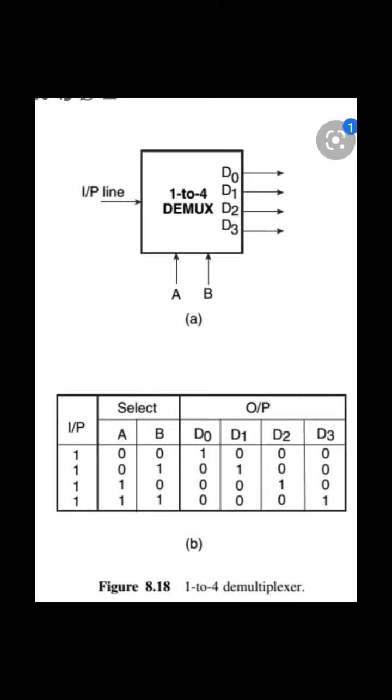It takes data from one line and distributes it over a number of output lines, hence the name data distributor. And here the multiplexer is the data selector.